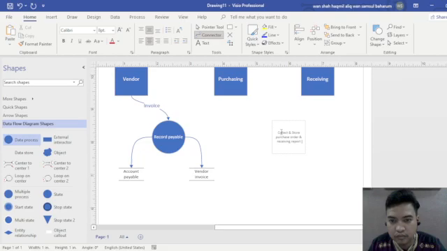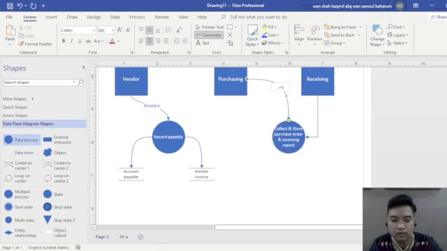The purchasing will send the purchase order to this transformation data, and the receiving will send the receiving report. We name this data flow as the purchase order, and this data flow with the name receiving report.